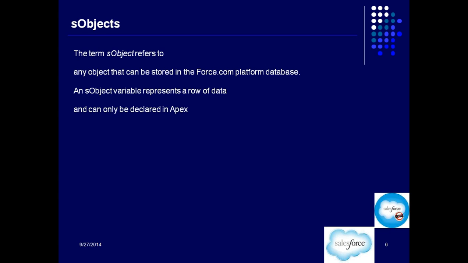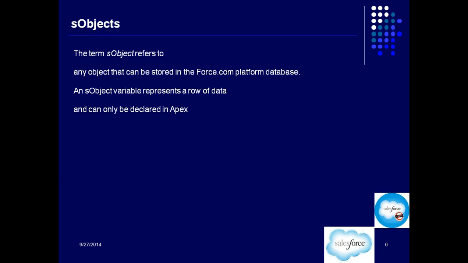Primitives you have in other programming languages also, right? But S-object is something which can be understood only by Apex. No other programming language will understand what is an S-object.